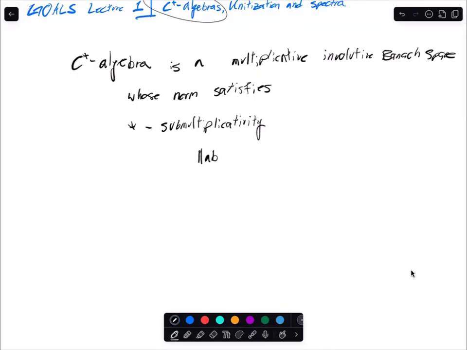It says that if you take a product of two elements in your Banach space, then this needs to be bounded by the product of the norms.